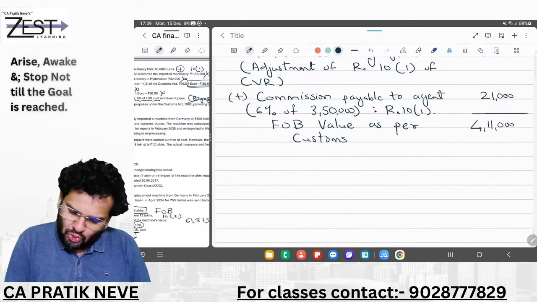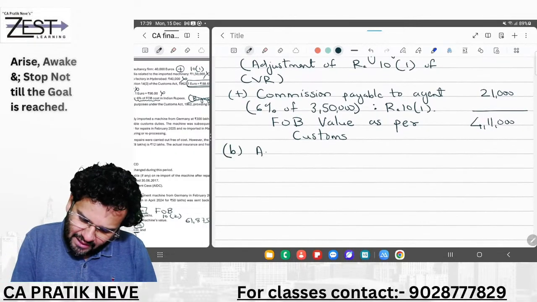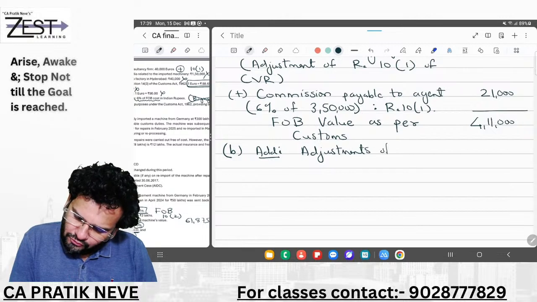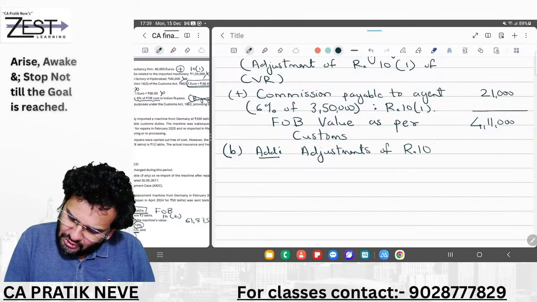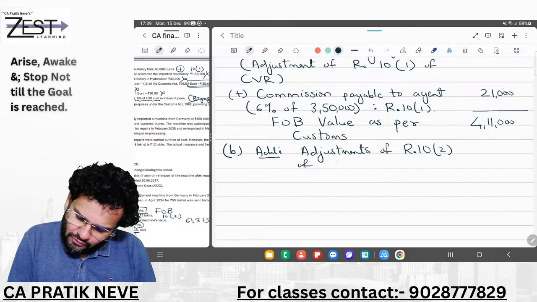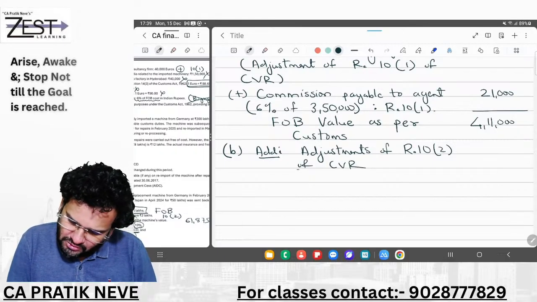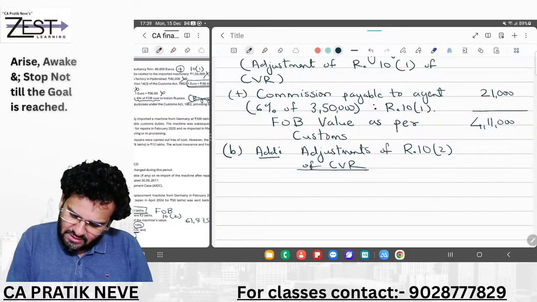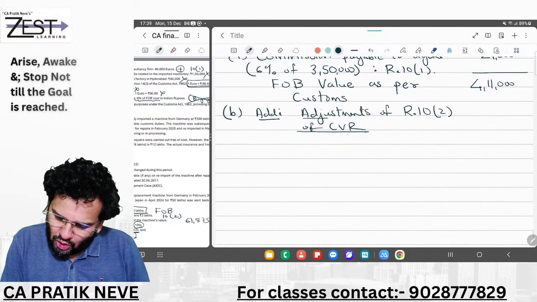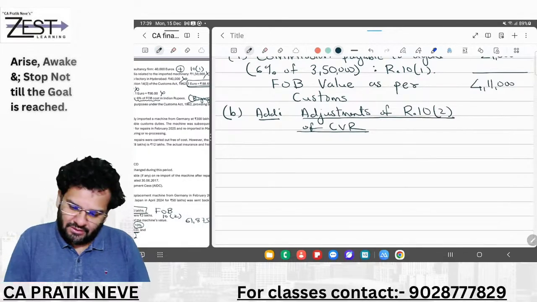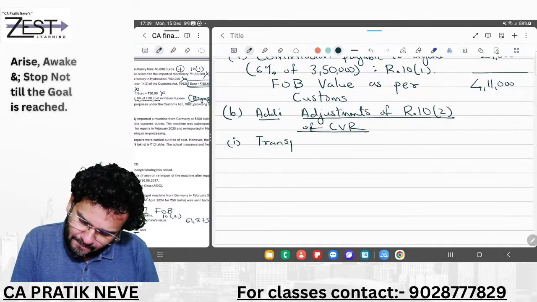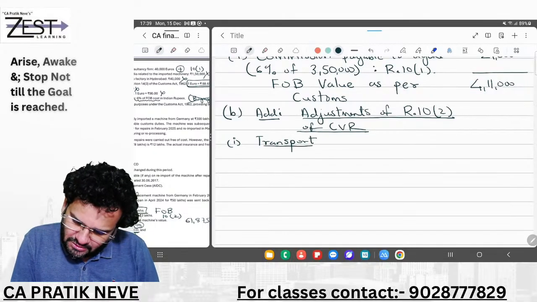Then friends, go to B point, add adjustments of rule 10(2) of customs valuation rules. Go ahead, do adjustments of rule 10(2) of customs valuation rules. So subpoint 1 is transport.